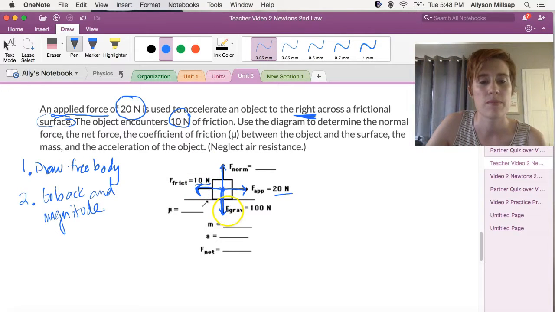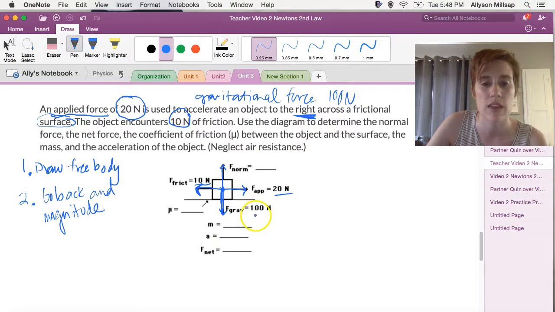And this problem doesn't say it, but it's supposed to say that the gravitational force is 100 newtons. I don't know why I forgot to type it. So here are my three forces.